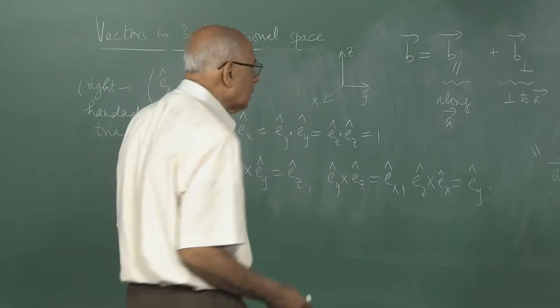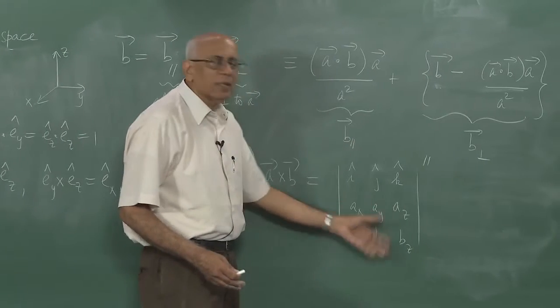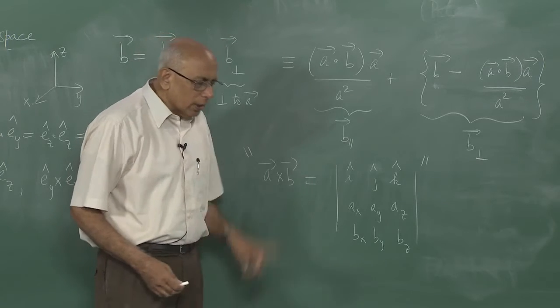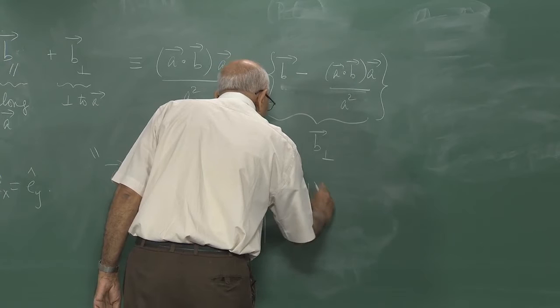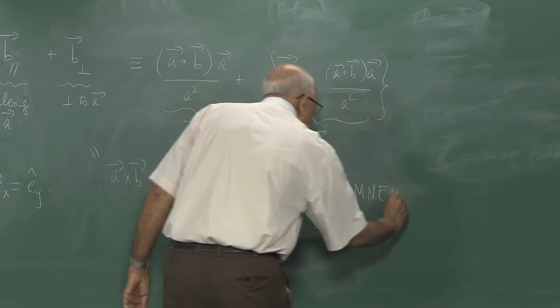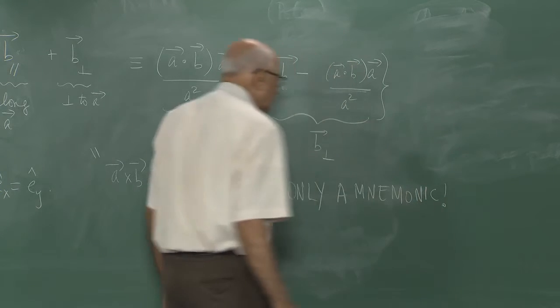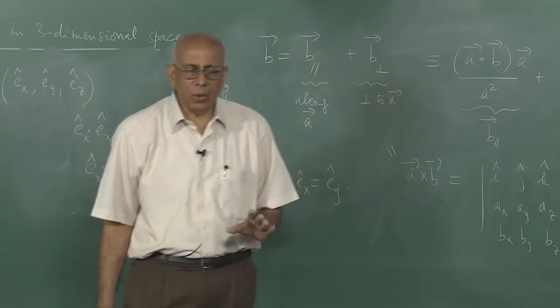You can't have a determinant in which one row has one kind of element and another row has another kind of element, mathematically speaking. So this is only a mnemonic. It is not a rigorous formula at all.